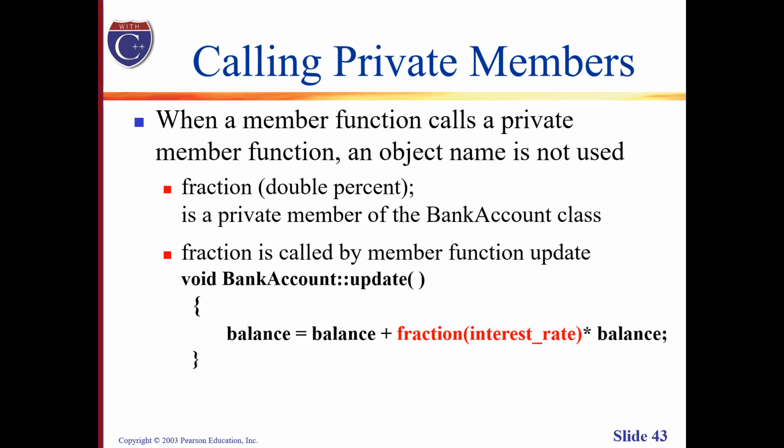In this example, when a member function calls a private member function, an object name is not used. As you can see here, we declared the member function fraction as private. In this case, we're only going to use that as a helper function. Therefore, whenever we need to call such a function, we simply call them in this way.